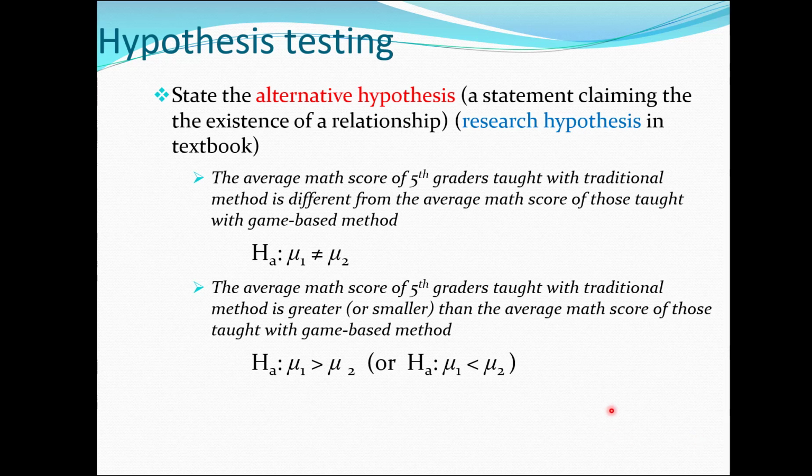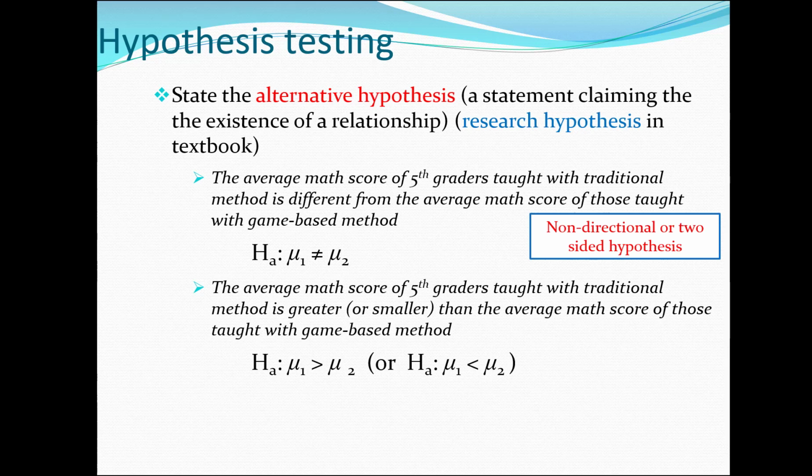If in your alternative hypothesis you are not indicating the specific direction of the difference or the relationship, we call this type of alternative hypothesis non-directional or two-sided hypothesis.